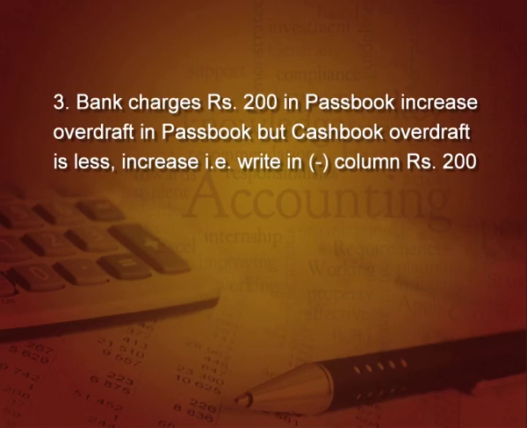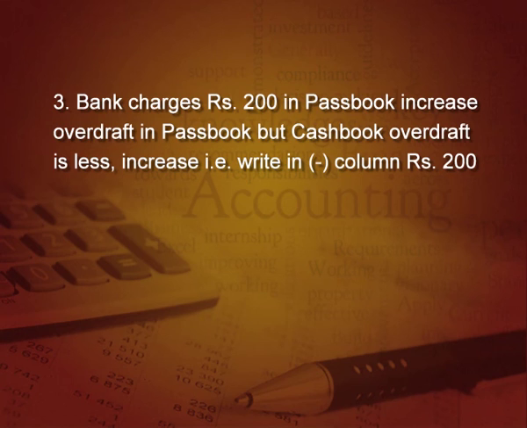Bank charges 200 in passbook has increased the overdraft in passbook, but cash book overdraft is less. We have started with cash book overdraft. So, we have to increase the cash book overdraft, that is write in minus column 200. So, this will increase the overdraft.